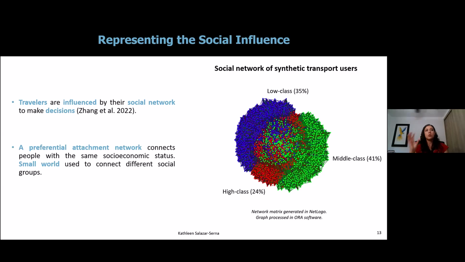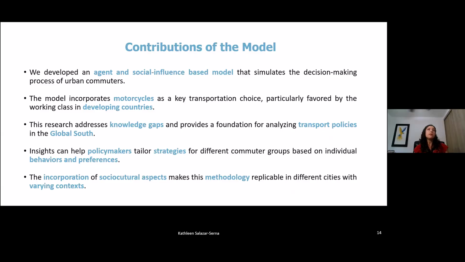And then with the small world concept, we are wiring some people in the rest of the city. And here we have an example of the network for Cali City, where we have a very high concentration in middle income classes. And then this is the way that people in the model connect to gather information.